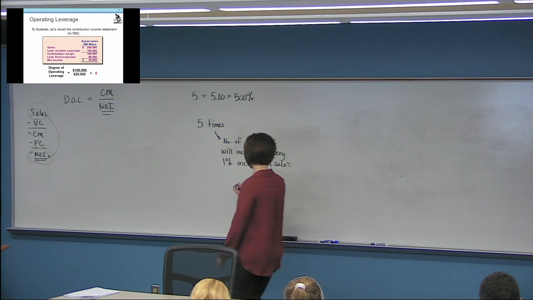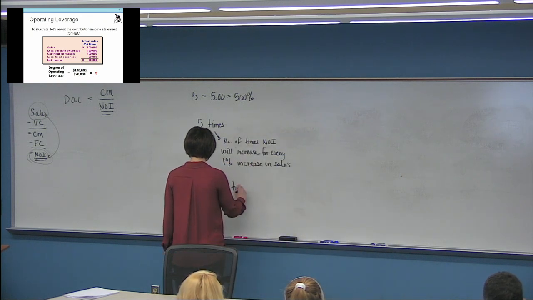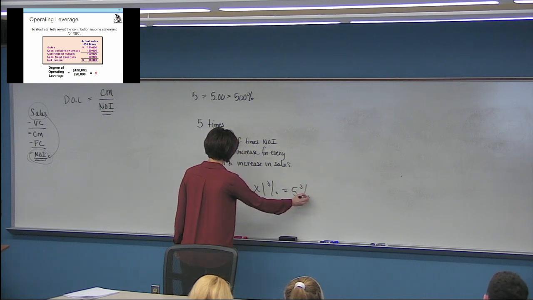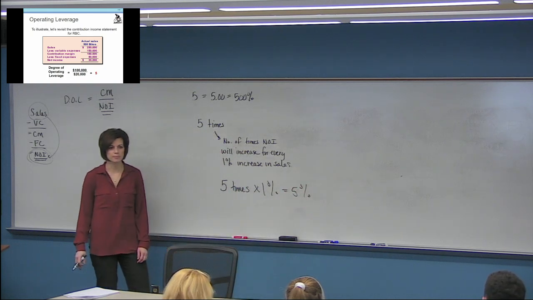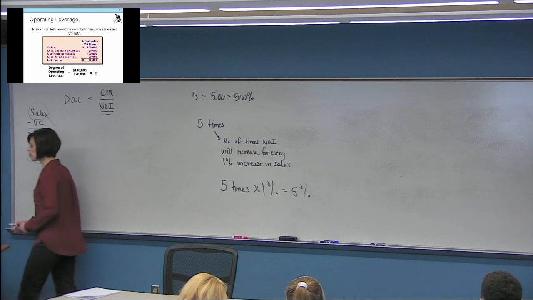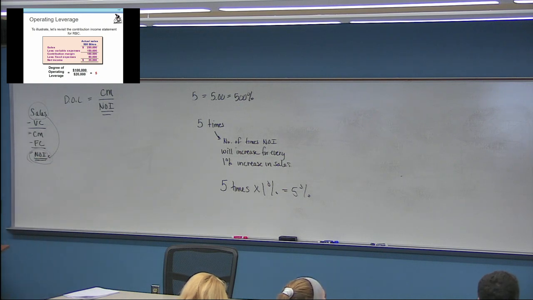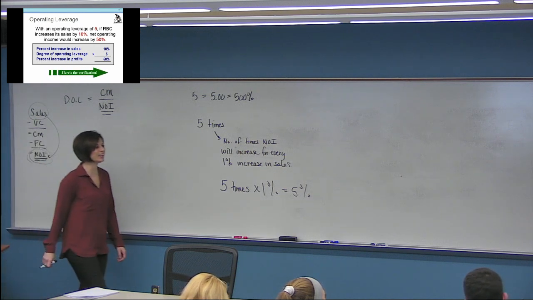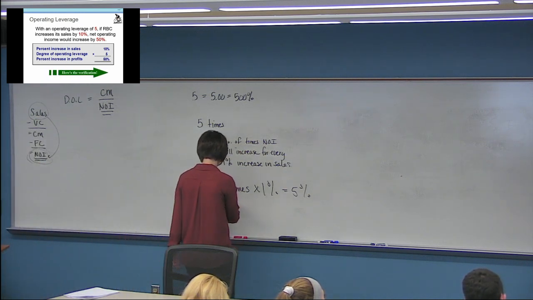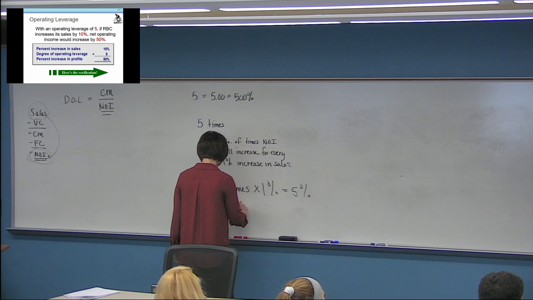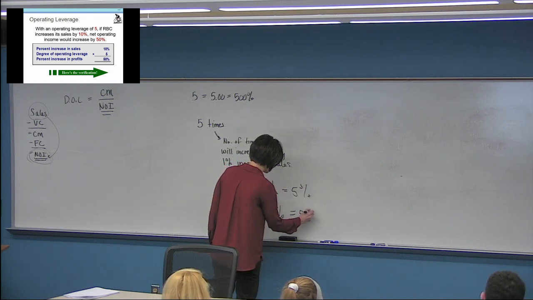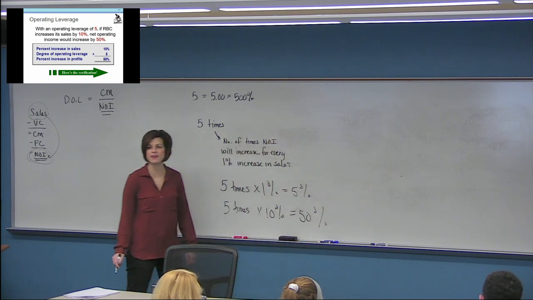Because I said 5 times, that 1% is 5%. Right? That's all it means. So in this example, if RBC is going to increase its sales by 10%, then we take the 5 times 10%, and we say, okay, my net operating income is going to go up by 50%.